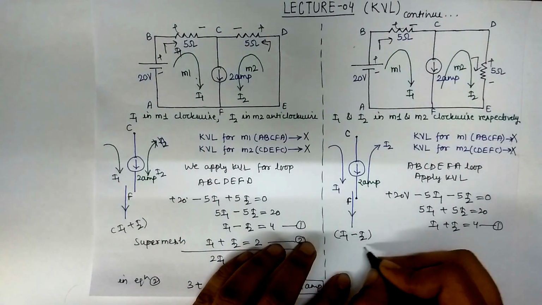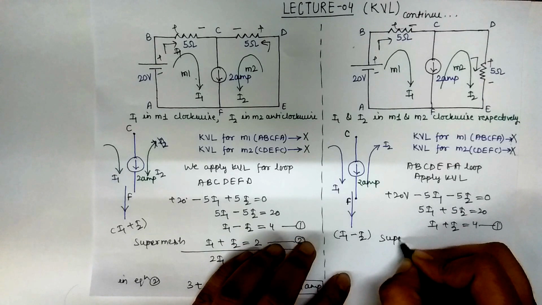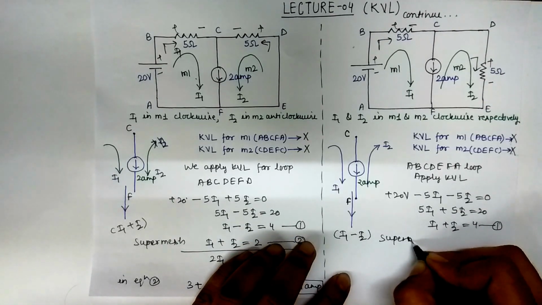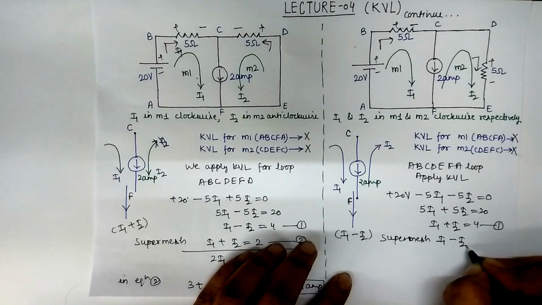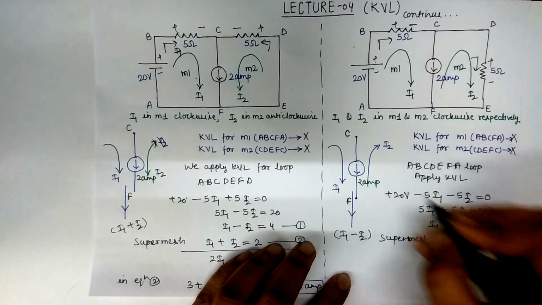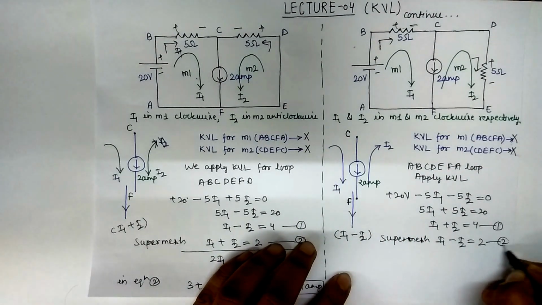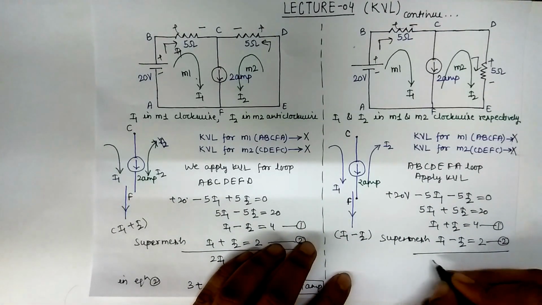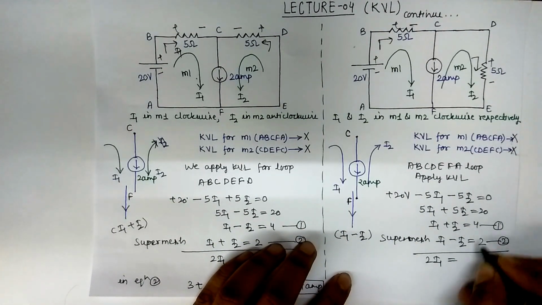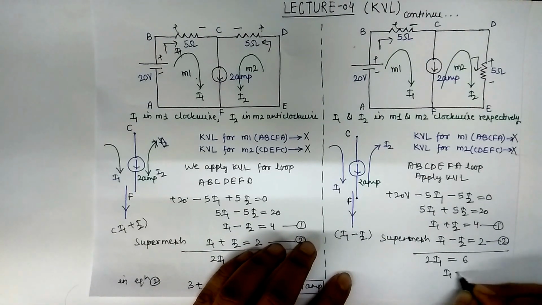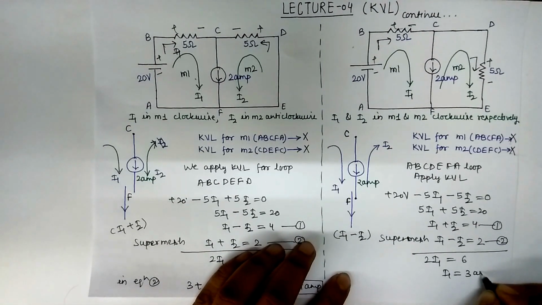So by using super mesh, we say I1 minus I2 is equal to 2 ampere. So equation number 2. Now add this. It would be twice of I1 is equal to 6. I1 is equal to 3 ampere.